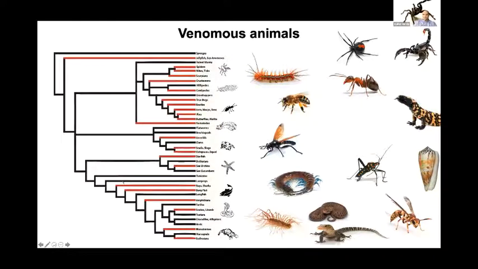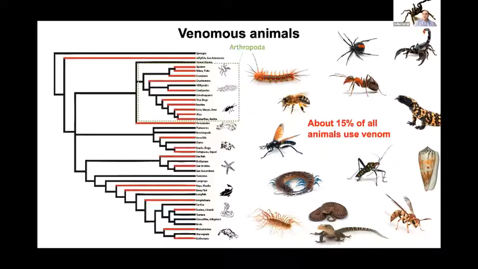In the animal tree of life on the left, all the red lineages contain one or many venomous representatives, whereas the black lineages don't. Overall, more lineages have venomous representatives than not. About 15% of all animals use venom, which is about 220,000 species currently known.